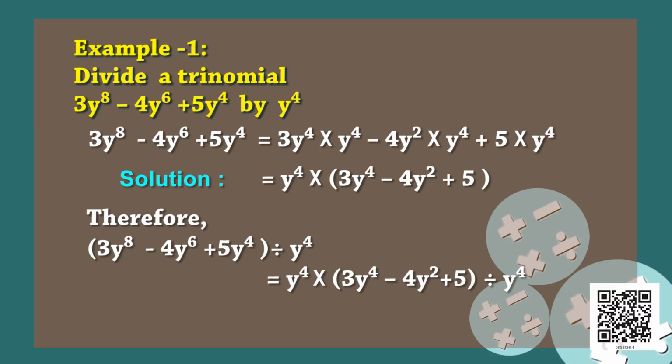Now, by cancelling the common factor y to the power of 4 in the numerator and denominator, we get 3y to the power of 4 minus 4y square plus 5. In this way, we can perform the division of a polynomial by a monomial.